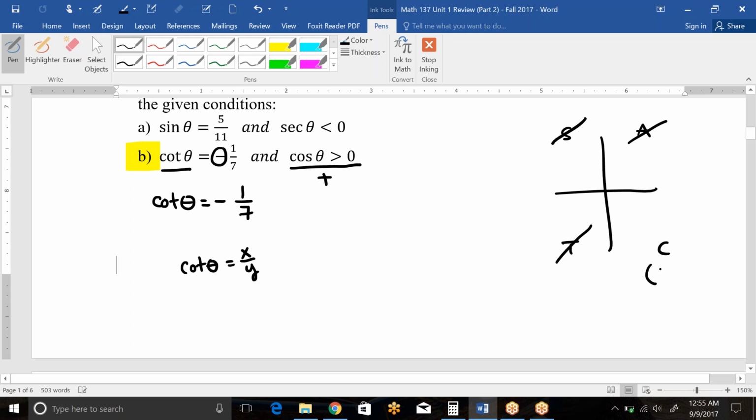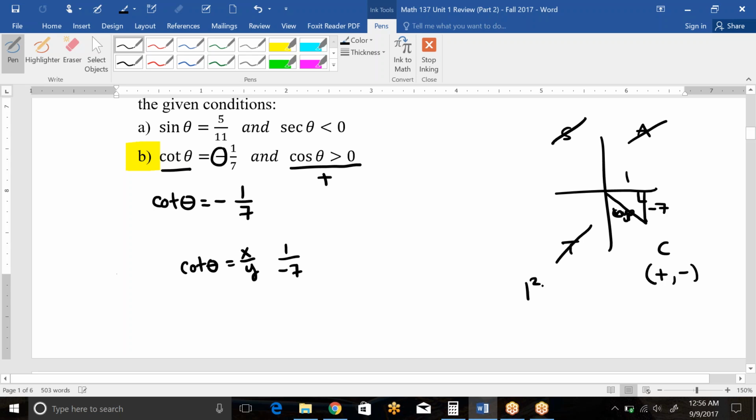The reason that's important is because here the x's are positive and the y's are negative. So this is really a +1 over a -7. So when we draw a picture from that, we know that our x value is a 1, our y value is a -7. We're still looking for our hypotenuse.